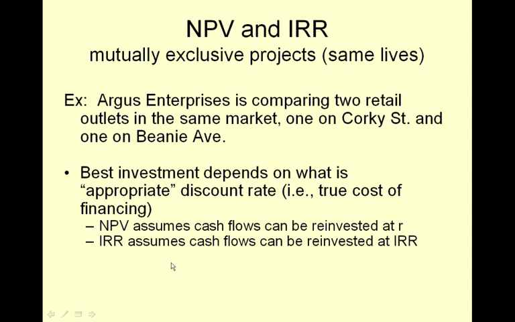The IRR criterion or math assumes that cash flows can be reinvested at the internal rate of return. And in general, finance theory holds that it's more appropriate to assume that the discount rate is available for the interim cash flow investment rather than the internal rate of return.